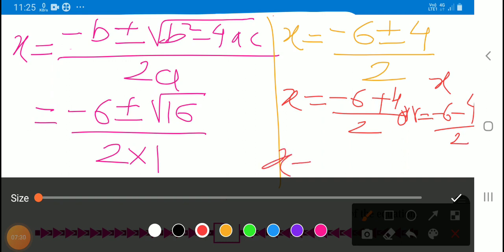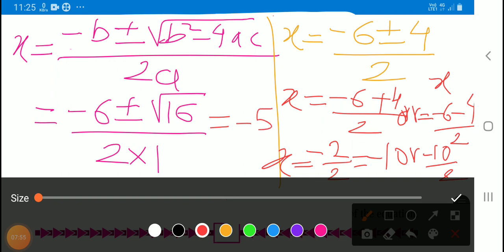So x is equal to negative 6 plus 4 means negative 2 upon 2 means x value it will come negative 1, or here x is equal to negative 6 minus 4 means negative 10 upon 2 means it is exactly equal to negative 5. So here negative 1 and negative 5, these are the solutions of the given quadratic equation.